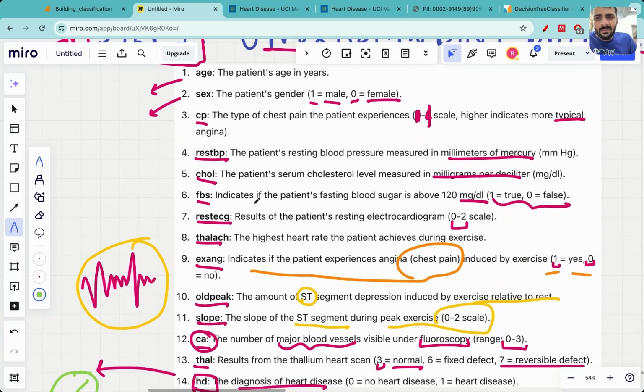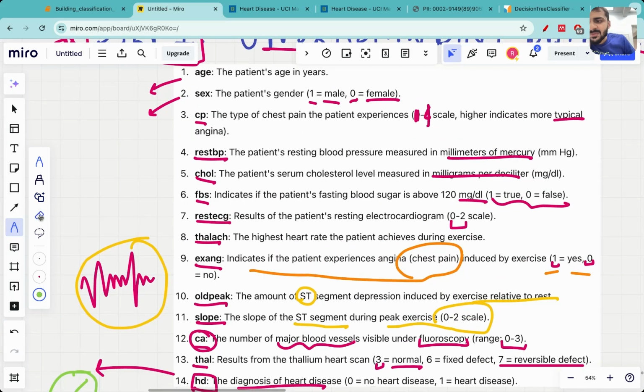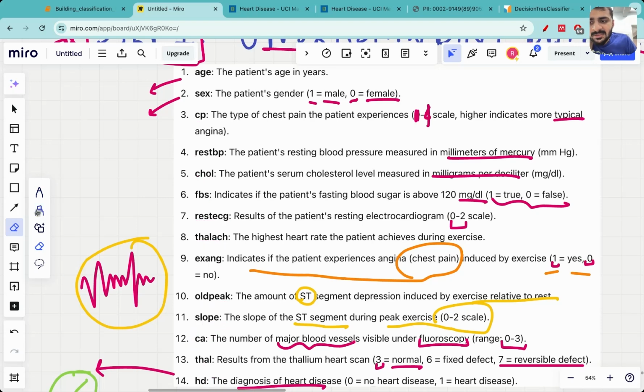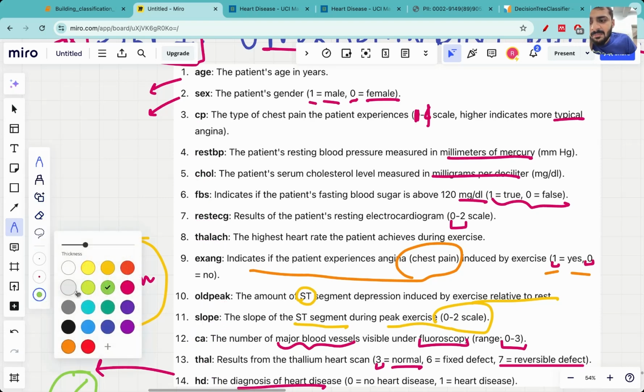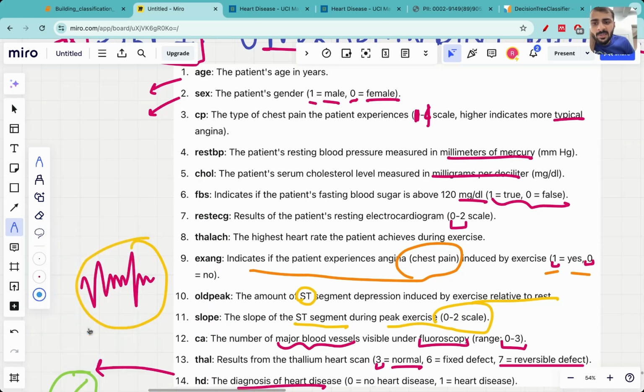From these 13 variables, first let me rub some things so that it will make it easier, right? Based on the final decision tree, what I can say is that the CA variable is very important, the CP variable is very important, the thallium scan is very important, and the old peak is very important.